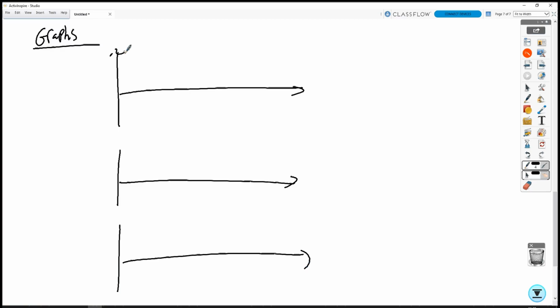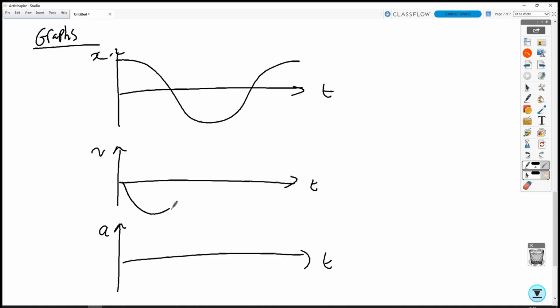So if we have here x-t, v-t, and a-t. x was a cosine graph, then v was a negative sine graph, and then a was a negative cosine graph. So this is how they compare. And that's the end of 6.1.2.